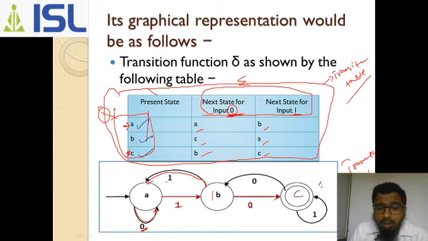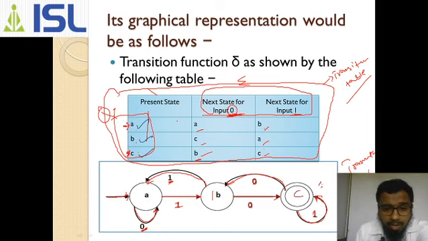Next, C. C is going to B when it is 0. C is going to C when the input is 1. So this is the transition graph for the given transition table.